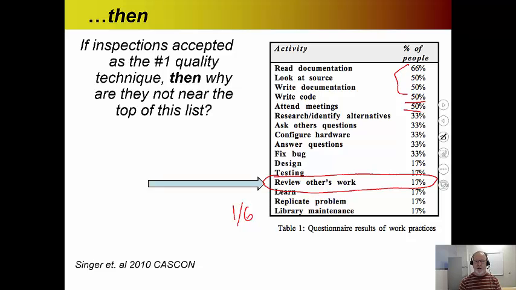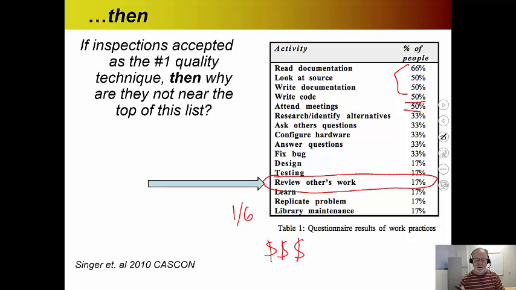Why is it that we have something that we know, and studies have repeated that this is the best thing to do to improve the quality of your code, yet it's not at the top of the list where developers say this is where I spend my time? Why are these kinds of things happening? The answer, and we'll talk about it in the code review, by the way, is dollars.